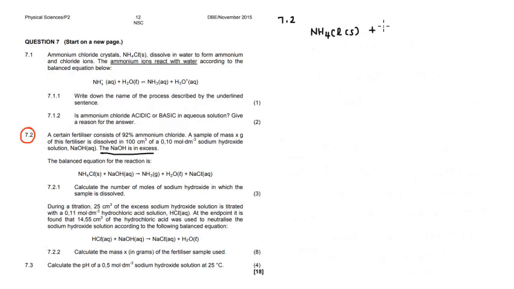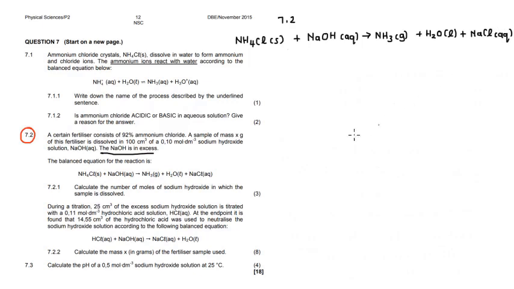That reacts with the sodium hydroxide, because they dissolve this fertilizer in a solution of sodium hydroxide, and this forms some ammonia gas, plus water. The important thing as well is that they already tell us that this equation is balanced.